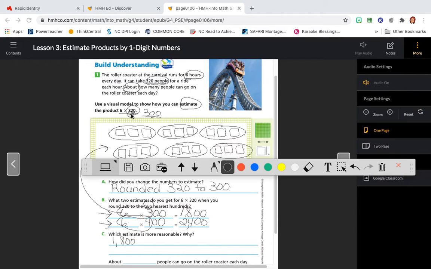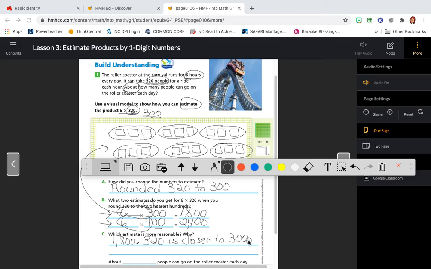320, which was our original number, is closer to 300, okay? So 320 is closer to 300. So that would be my first explanation. It's closer to 300 than it is to 400.